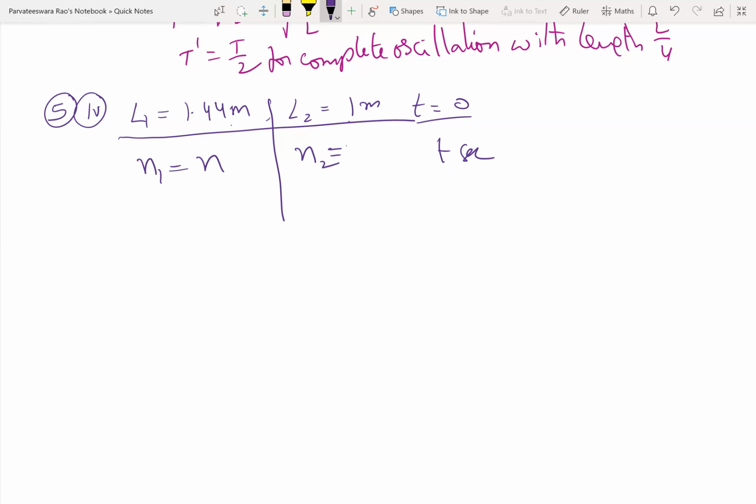Hence, there should be at least one extra oscillation differing between the two pendula for them to swing together. Therefore, we have the formula for time period, T by N is equal to 1 by 2 pi into root of L by G. Correct?